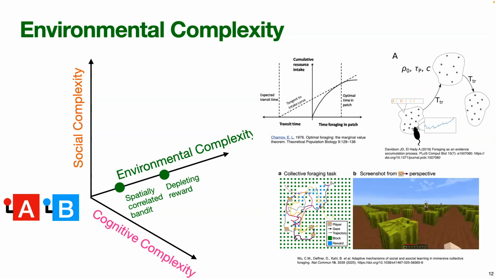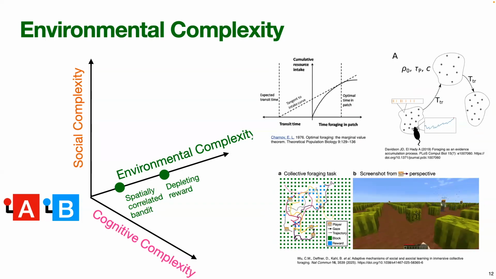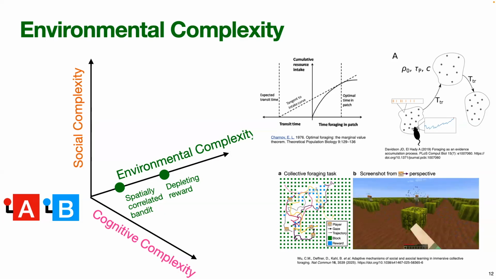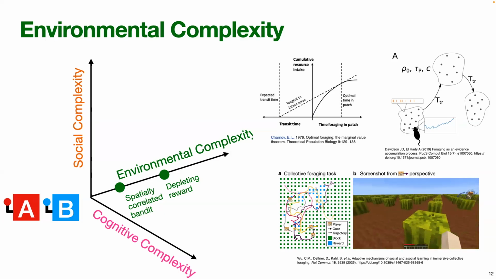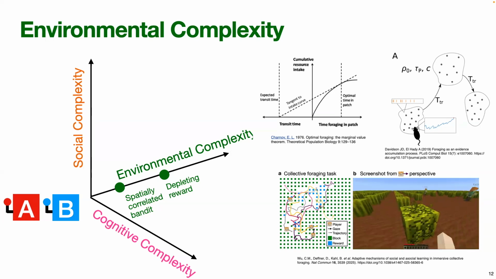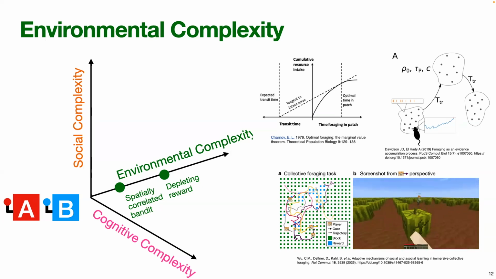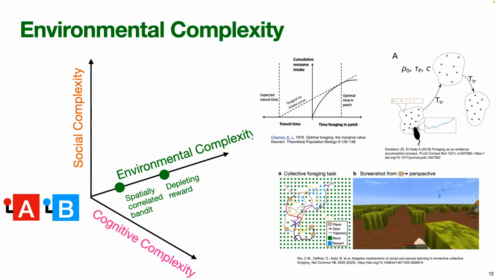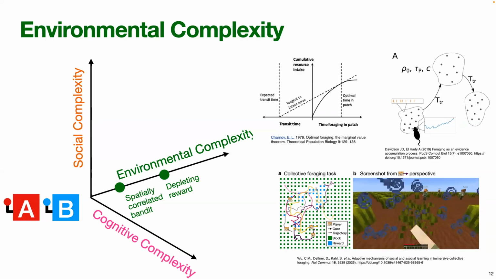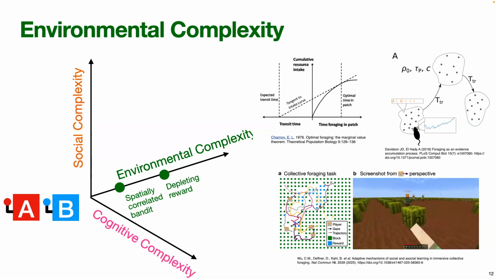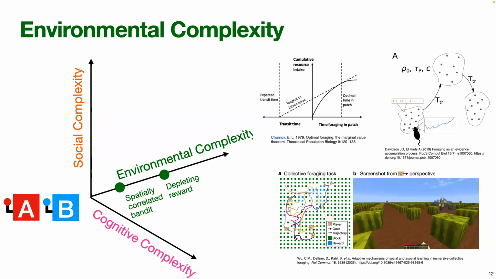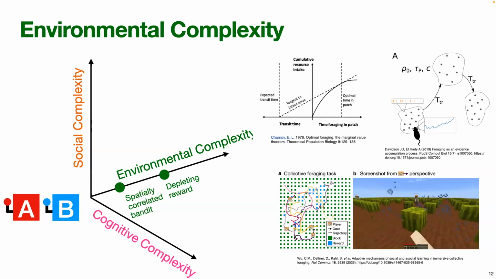Another kind of environmental complexity would be introducing some depleting reward. This is a very common feature in foraging situations, especially because usually food is limited. If you go to the food patch and consume some food, then it's gone to your stomach. So reward might be decreasing over time as you consume it. This kind of depleting feature could also connect to classic foraging theory.